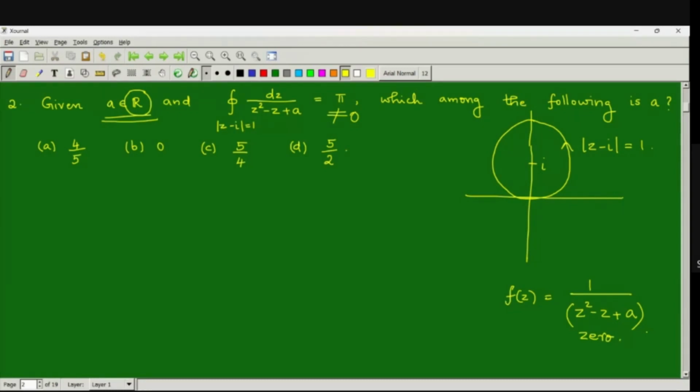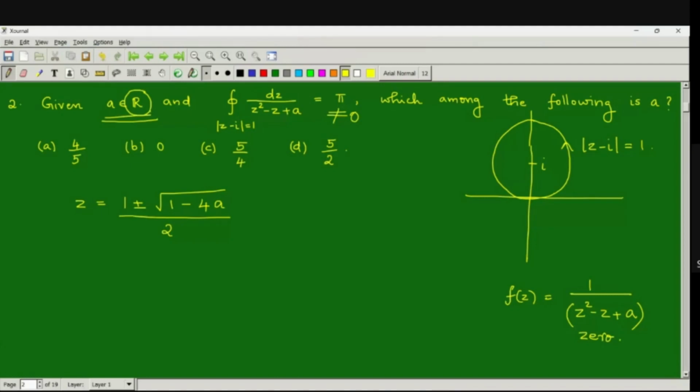Yeah, of course, it's a quadratic function. So we know how to find the zeros of a quadratic polynomial, right? What is the 0? z will be minus b plus or minus root of b square minus 4ac, by 2a, where a is the coefficient of z square and c is the constant term. Okay. So the roots depend on a.